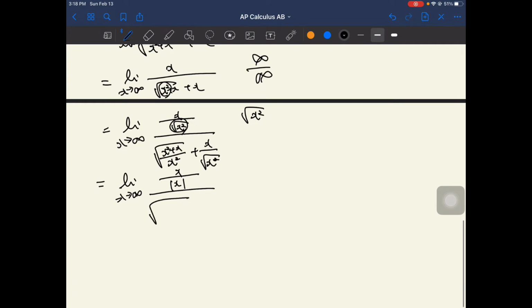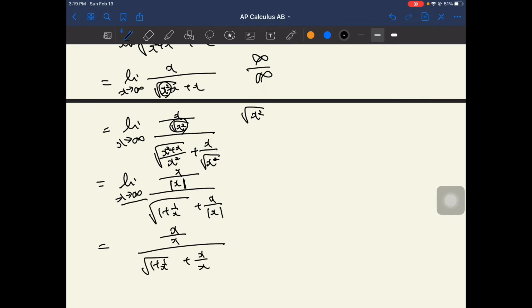And 1 over square root of 1 plus 1 over x plus x over absolute value of x. Then this x value is positive, so you can just take the absolute value out, and it's going to be, okay, let me just write like that. Then you can cancel out.